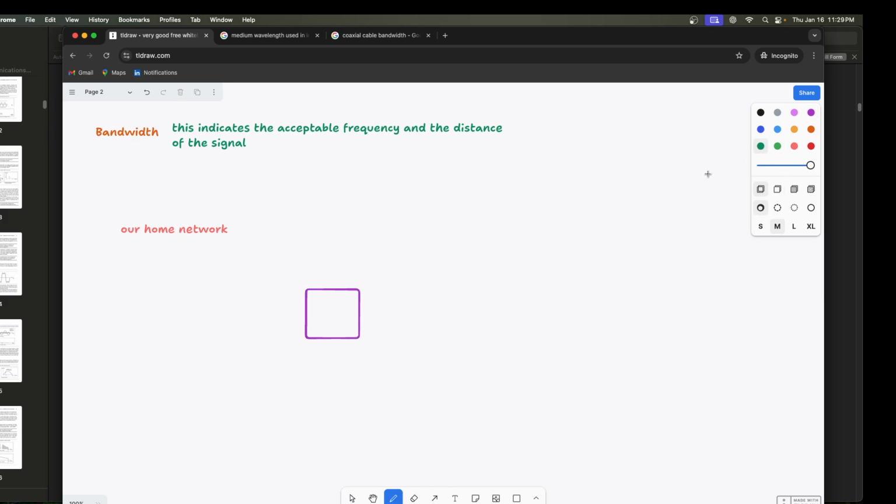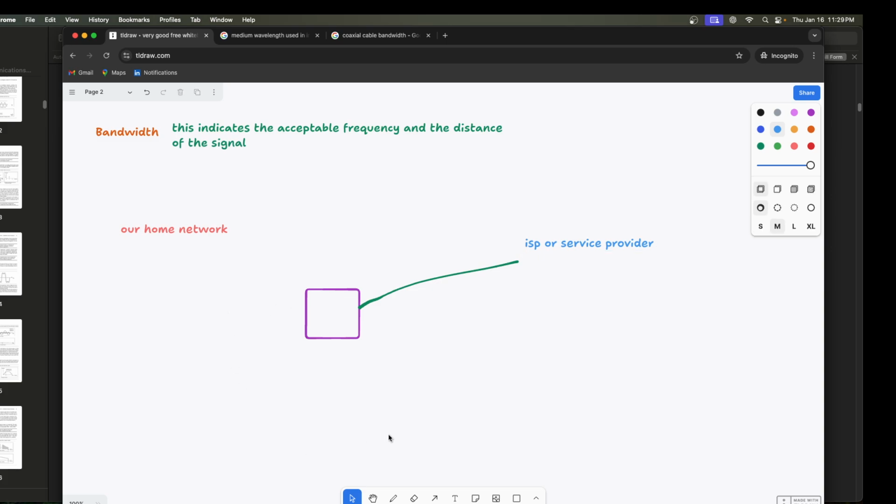And then you have a wire coming in. This is coming from the ISP or service provider.